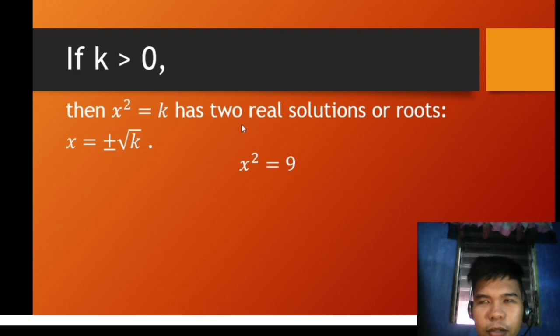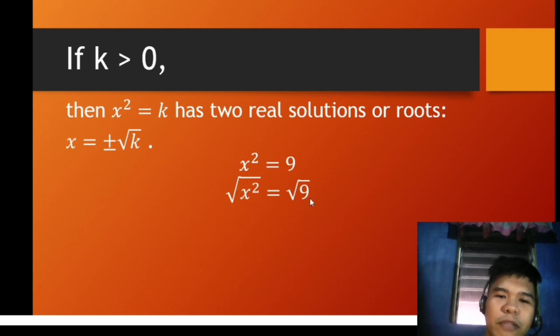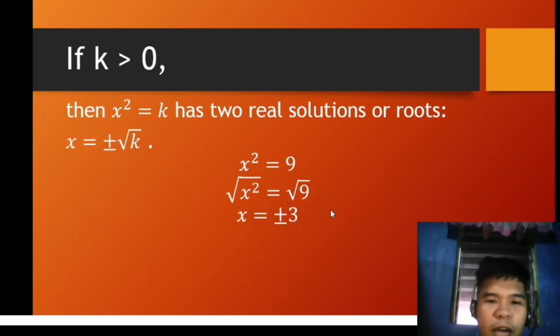By the use of extracting, all we have to do is to get the square root of both sides of the equation, so that we have the square root of x squared equal to the square root of 9. After simplifying, the square root of x squared is x, equal to the square root of 9, which is positive and negative 3.